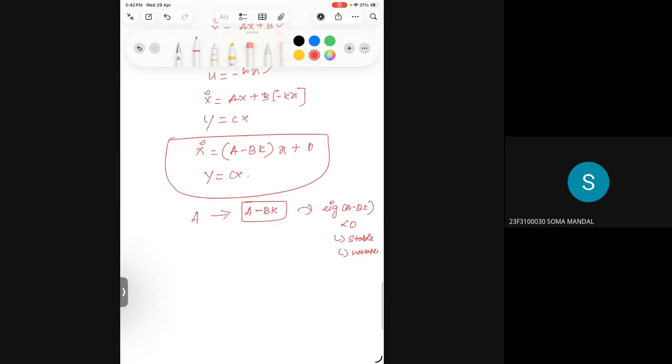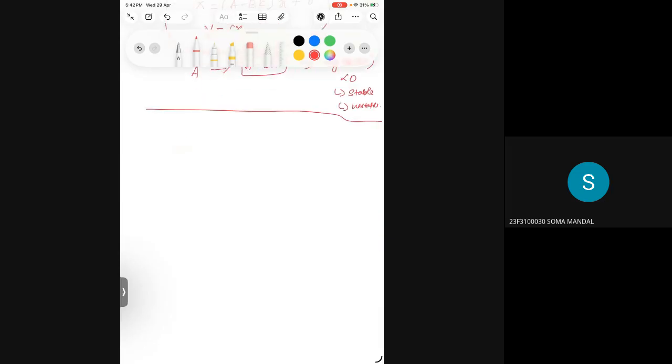Okay, we'll solve it as a comprehension type so that I can cover all the topics. Consider a system given below. x1 dot, x2 dot is equal to x2 plus u squared, minus x1 plus 5 into 1 minus x1 squared into x2 plus u.